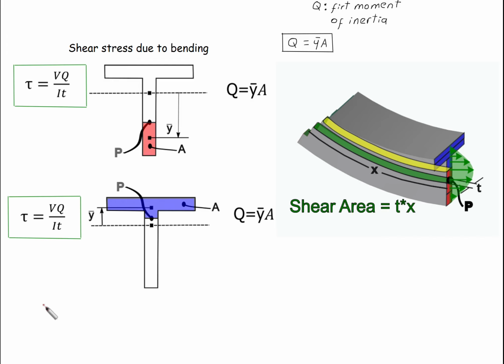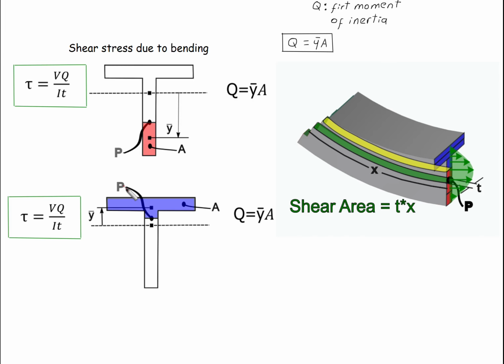Another interesting consideration is if you try to find the shear stress at the top or the bottom of the area, you find that it is 0, because in the Q expression the area turns 0. For example, if the point P were right here, you have no area below.